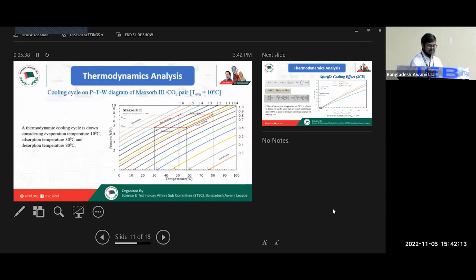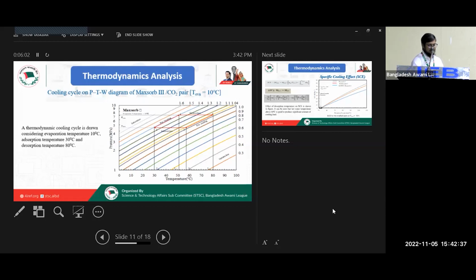Here is the thermodynamic analysis. The thermodynamic relationship among the equilibrium pressure, adsorption temperature, and equilibrium uptake of the activated carbon and carbon dioxide pair is known as the P-T-W diagram, which is usually used to predict the performance of the cooling cycle.